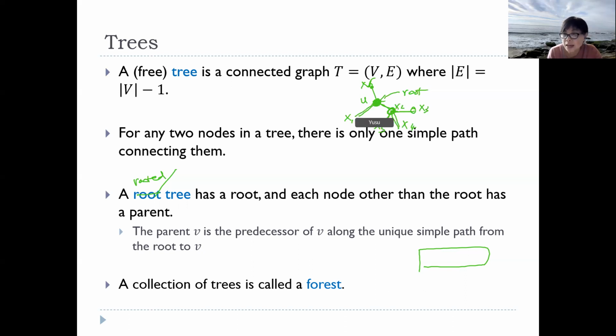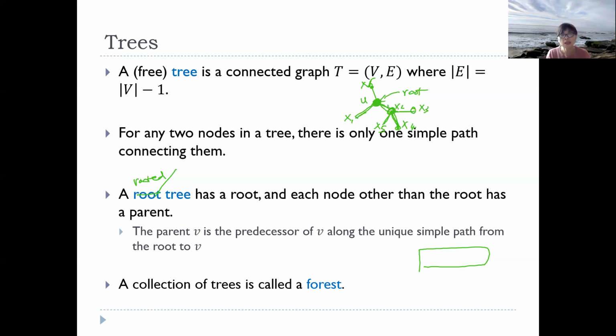So now note that once I know who is my parent, then the tree is completely decided. Because to go to the root, you can start with any node and follow the parent pointer, then you can go to the root. So the edges connecting a node with its parent will basically give you the tree back.